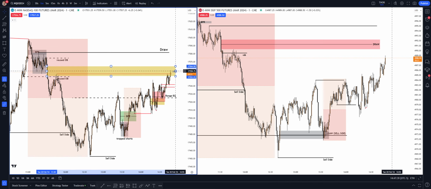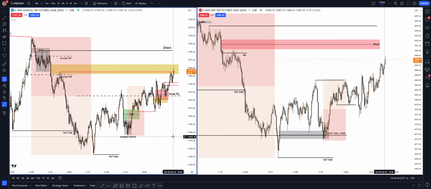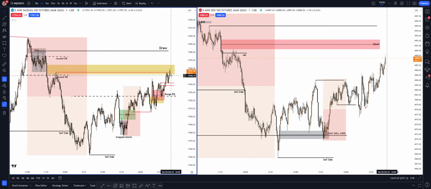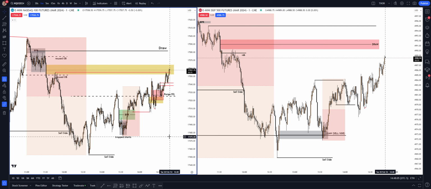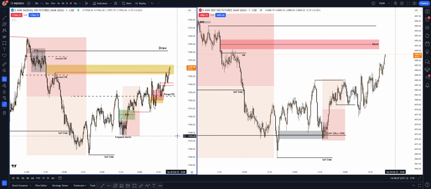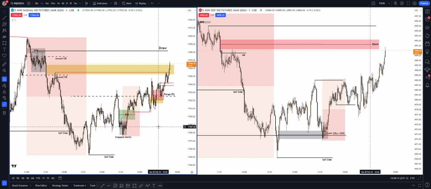I want to see this fair value gap being violated within the next 2 to 3 minutes with the energy. Just like that. Now it has the candle close outside, and then it should go, ready to go.